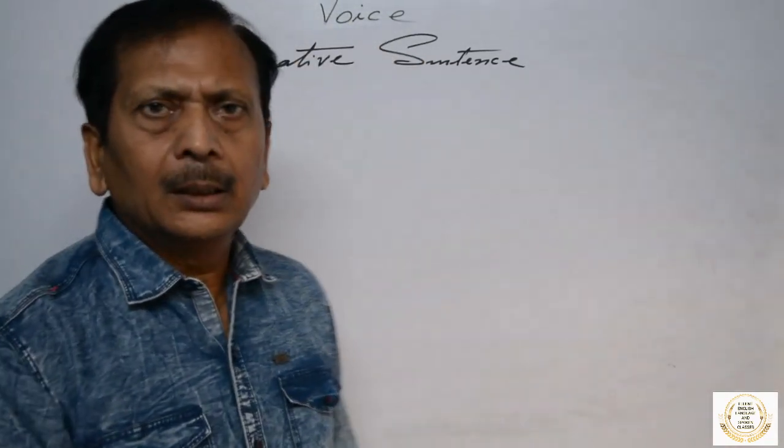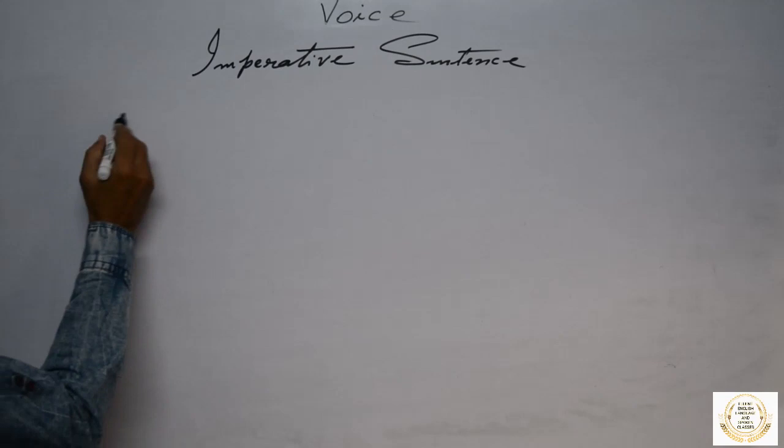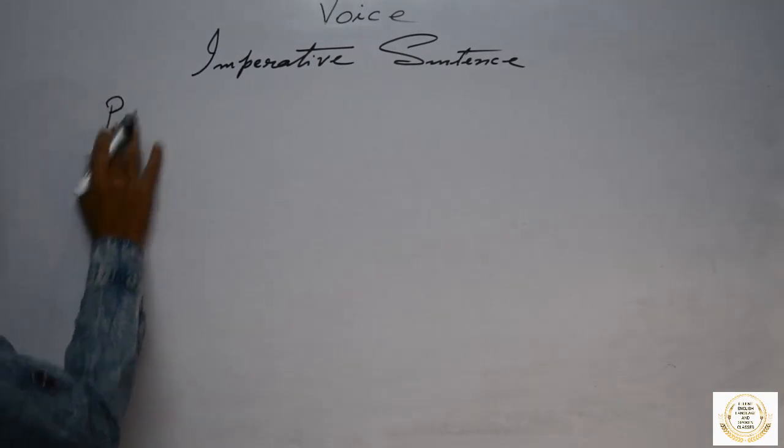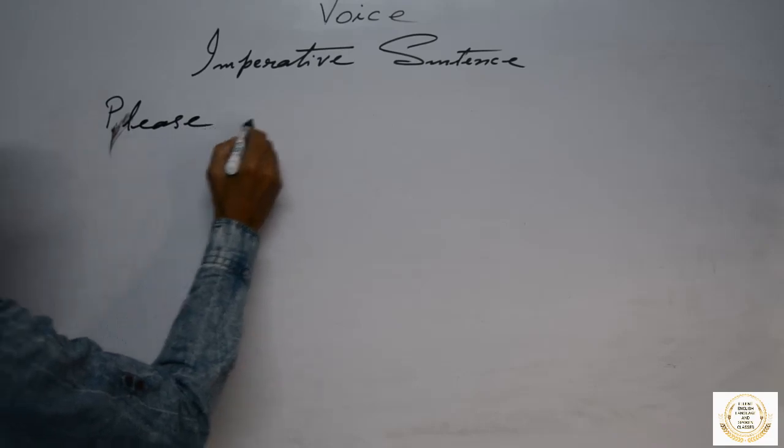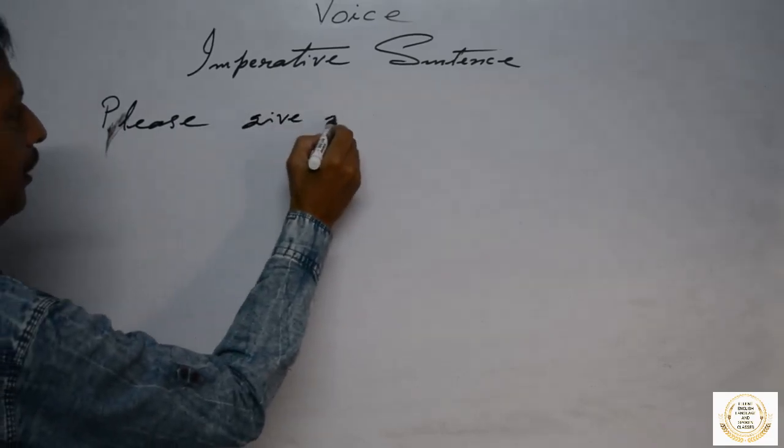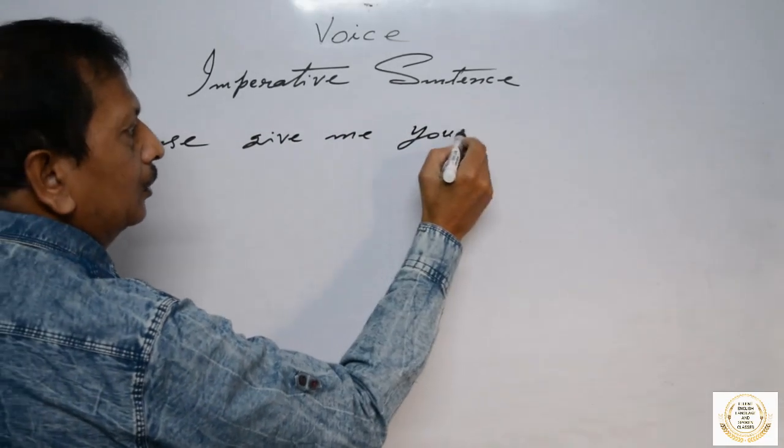Now we will see active voice, that is an imperative sentence, and it reflects the idea of request. I told you earlier, such an imperative sentence reflects the idea of request. It begins either with the word please or the word kindly. Please give me your book.